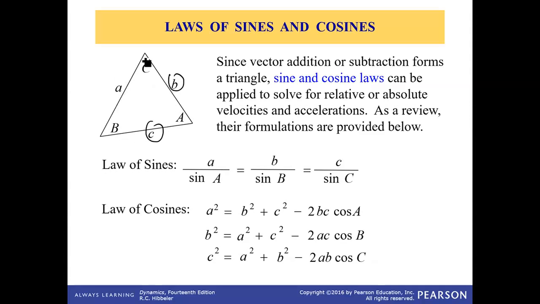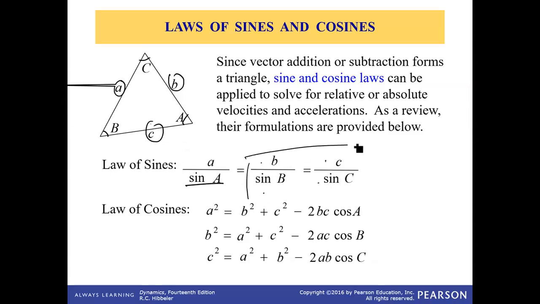The angle opposite to side a is capital A, opposite to side b is capital B, and opposite to side c is capital C. So these are the three angles and three lengths of a triangle. The law of sines states that the length of side a divided by the sine of the opposite angle is the same as b divided by the sine of its opposite angle, which is the same as c divided by the sine of its opposite angle.